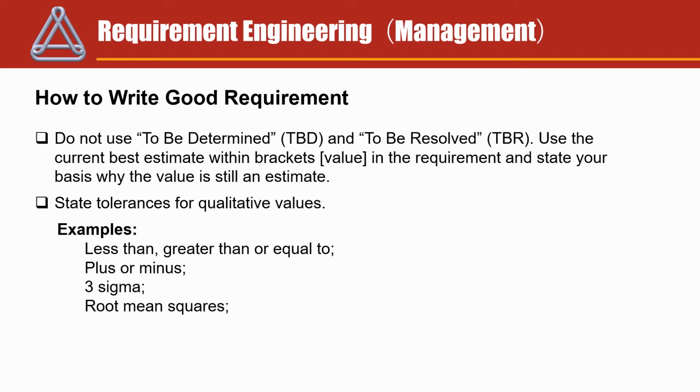If you're unable to determine, for instance, how fast a boat needs to go for a specific requirement, you should use your current best estimate rather than keeping it ambiguous. So a good example is the boat should go 22 knots plus or minus 2 knots, because maybe 20 is okay, but 19 is definitely not okay.